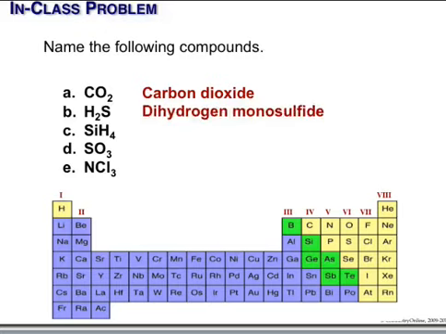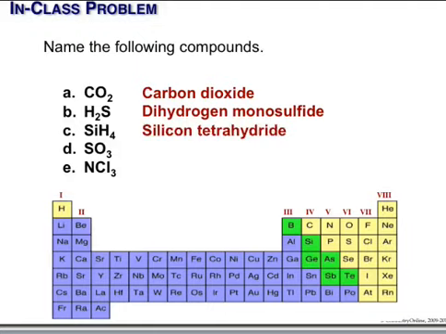Silicon is a semi-metal. It's green. We have 4 hydrogens. We don't use mono. So our first word is simply silicon. We say 4 using tetra, don't we? Silicon tetrahydride. 3 is tri.